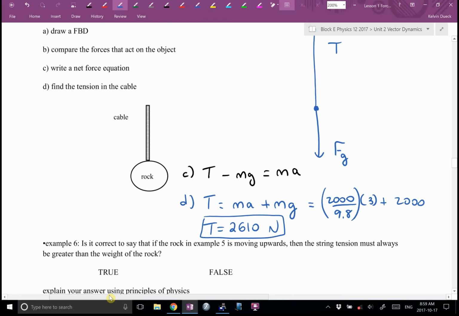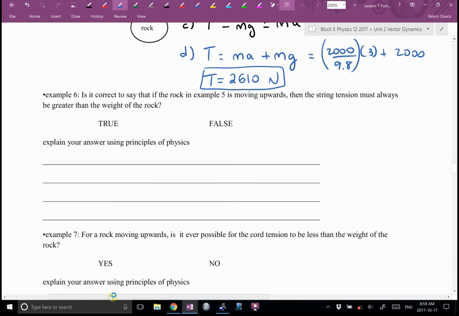So here's my analog. Here's my rock. We're accelerating up at 3 meters per second squared. The tension in this rope is 2,610 newtons. Here's our question. Example 6. Is it correct to say that if the rock is moving upwards, the string tension must always be larger than the weight of the rock?